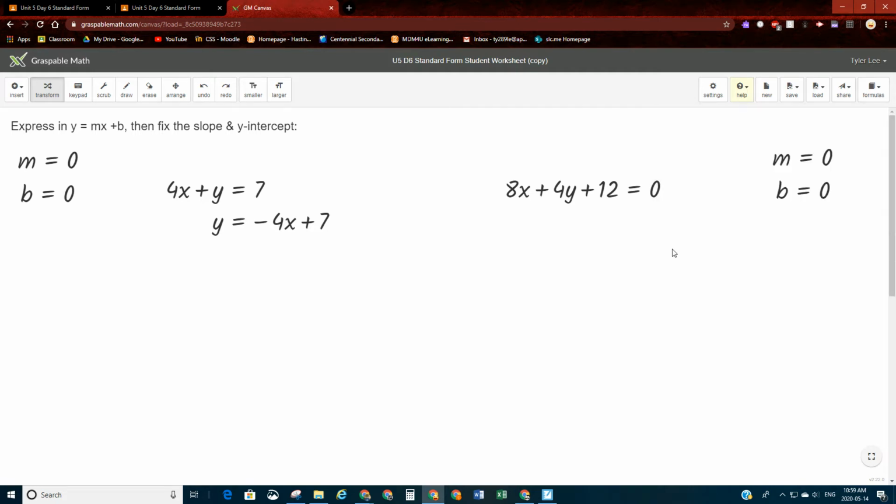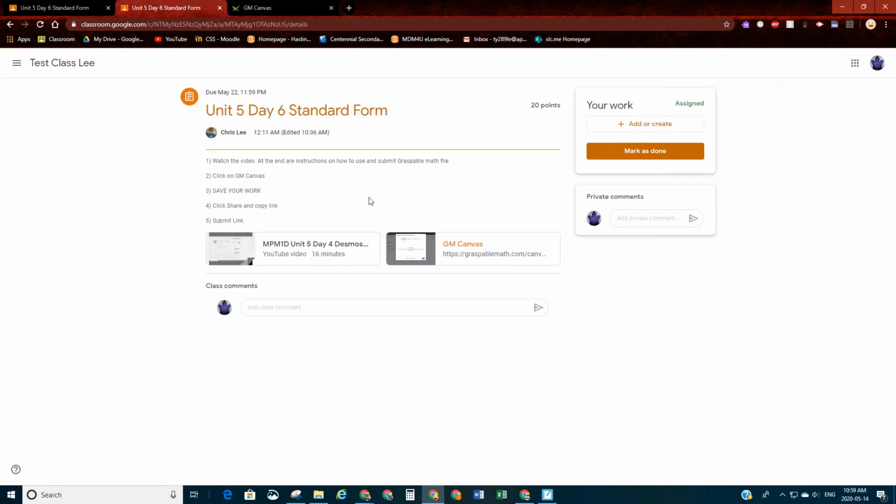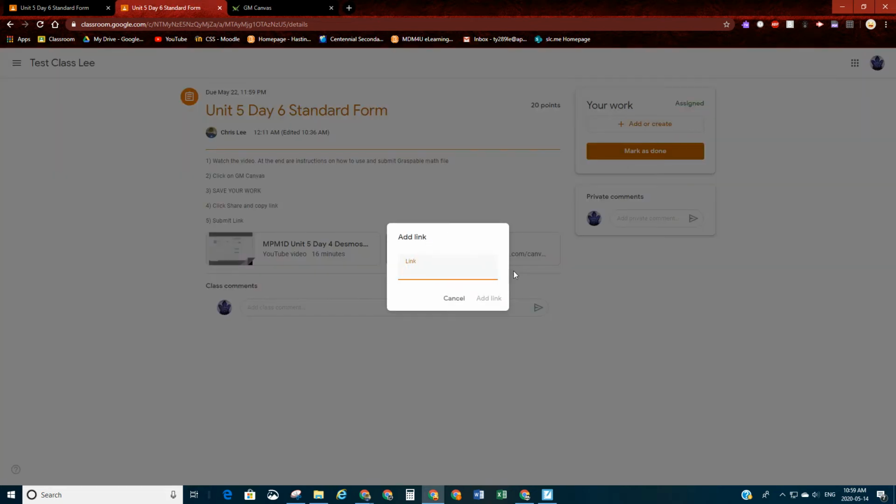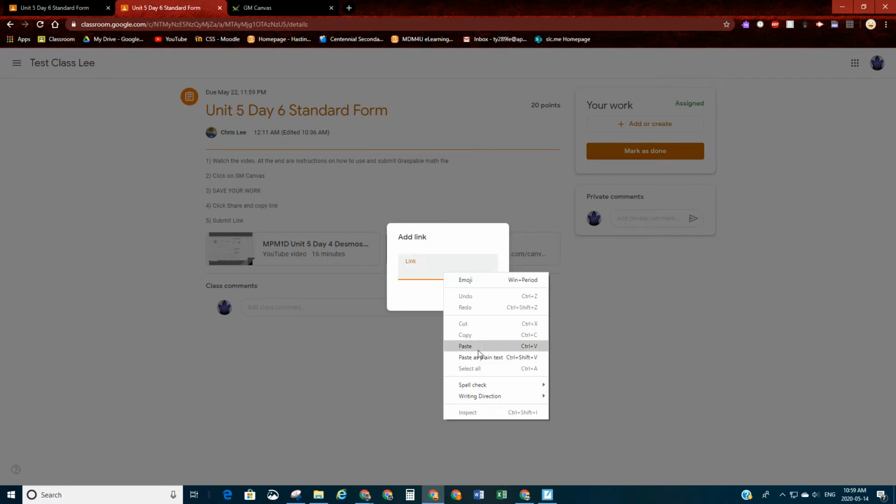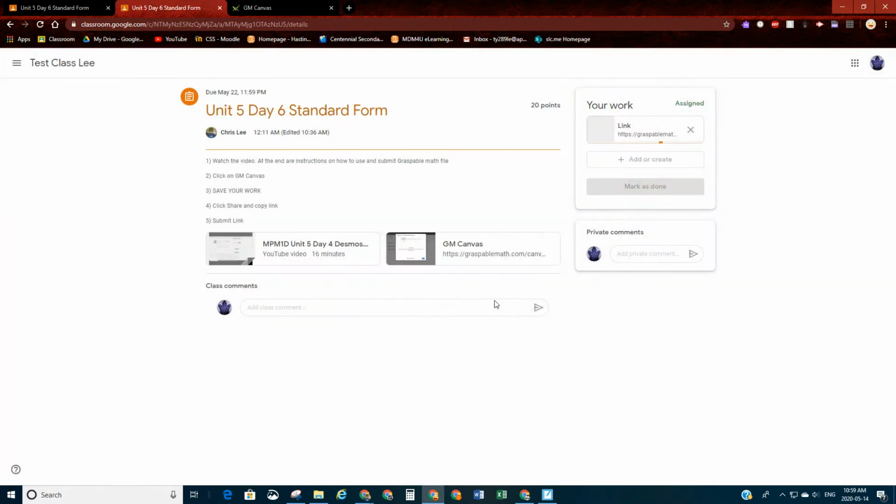Once you have that link, you're now going to go back to the assignment. So here's the assignment, and you're going to hand in a link. So you go add or create, and then normally you're adding or creating, giving me stuff from your Google Drive. Here you're now going to give me a link. So you're going to push paste or Control V, add the link, and I will see your work right here.